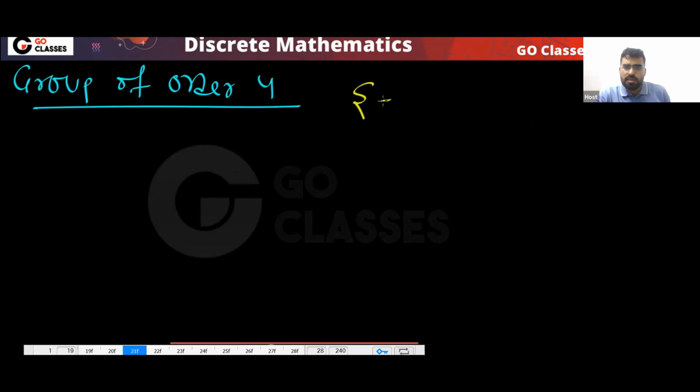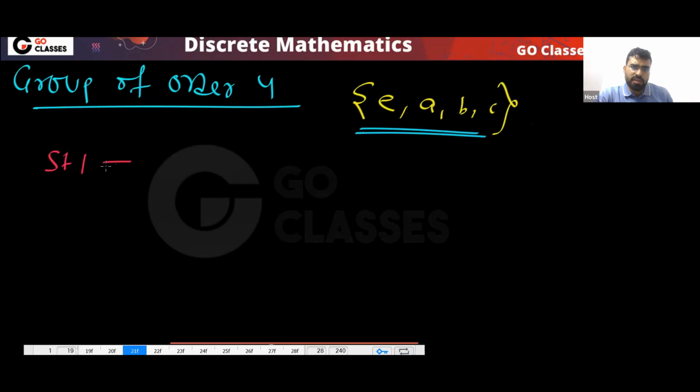If you take E, A, B, C, then structure 1 is isomorphic to structure 2, which is isomorphic to structure 4.